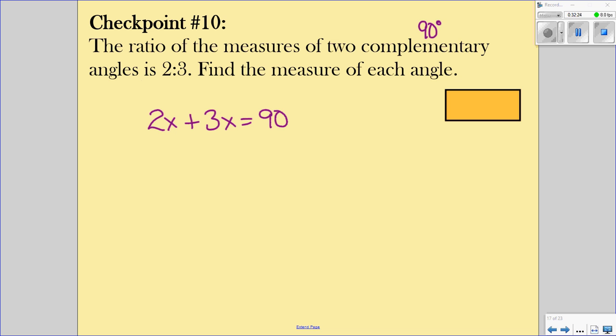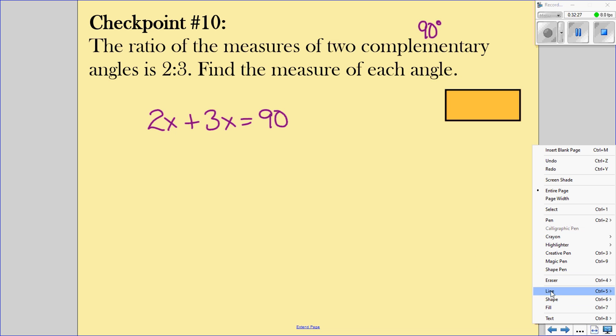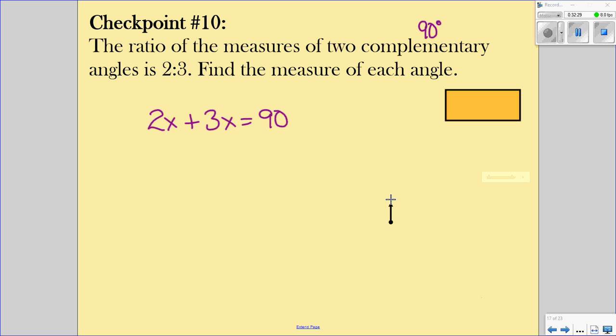And you know what? I'm going to draw a picture of an angle, and I'm going to label it so that you can understand where these numbers are coming from. So it's a 90-degree angle, a right angle, complementary. So this would be 2x and 3x.